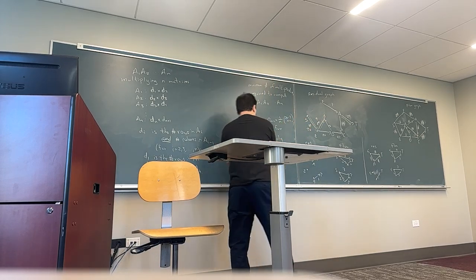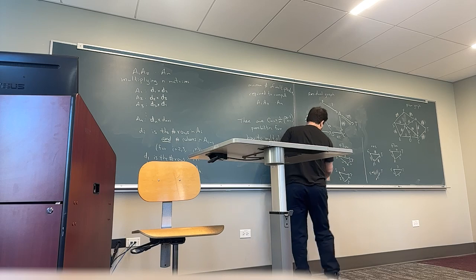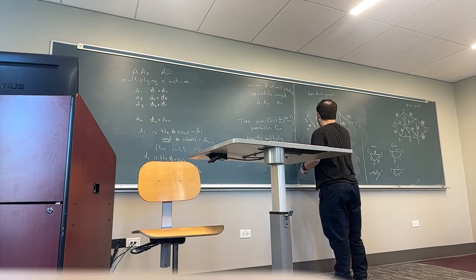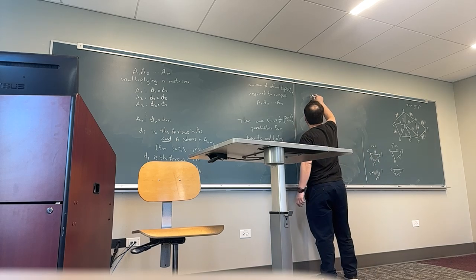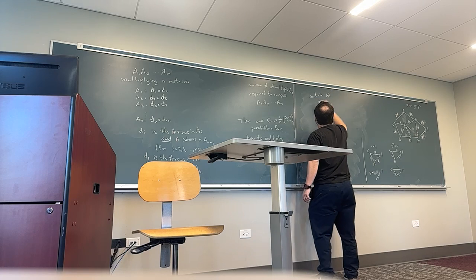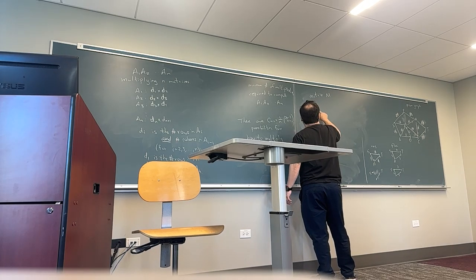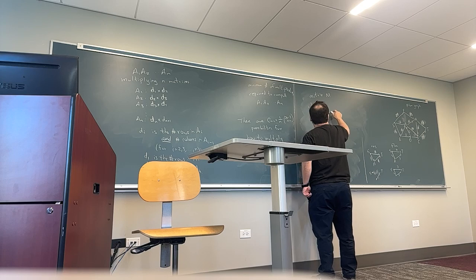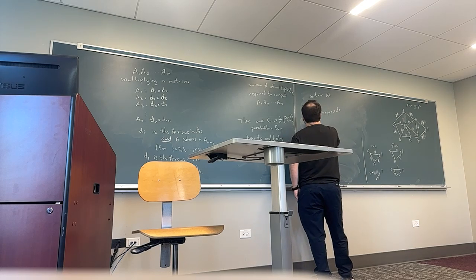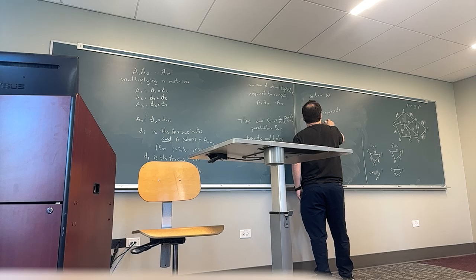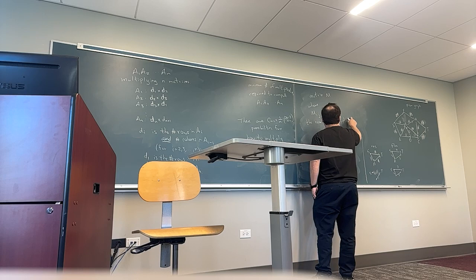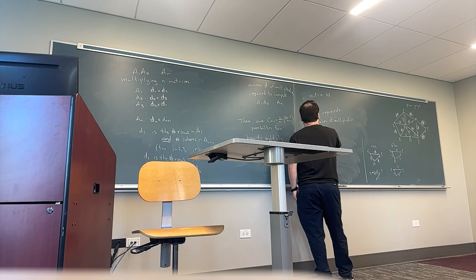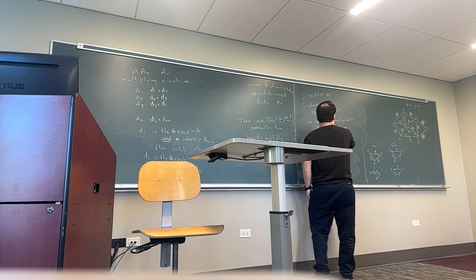And we're going to build a matrix M, where Mij represents the number of multiplications in the product Ai times Ai+1 through Aj.